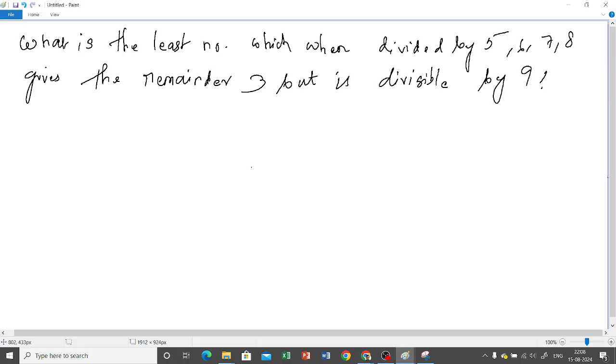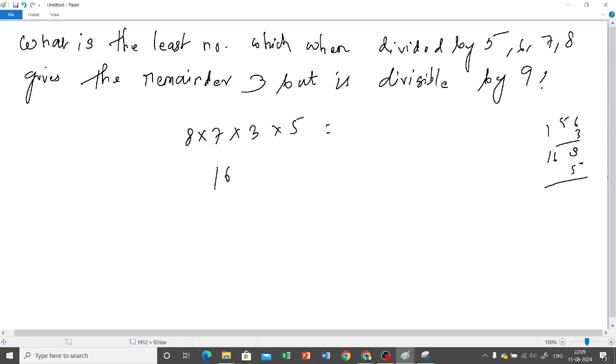Suprati. So Ishika, what we did: first of all, LCM of 5, 6, 7, 8. Which is nothing but we'll take 8, 7 also we need to take, 6 is 2 into 3 so 3 needs to be taken, and then 5. So 8 into 7 is 56, 56 into 3 is 168, into 5 is 840. Yes, 1683, fantastic.